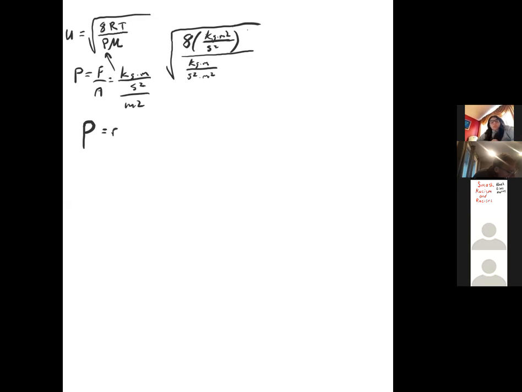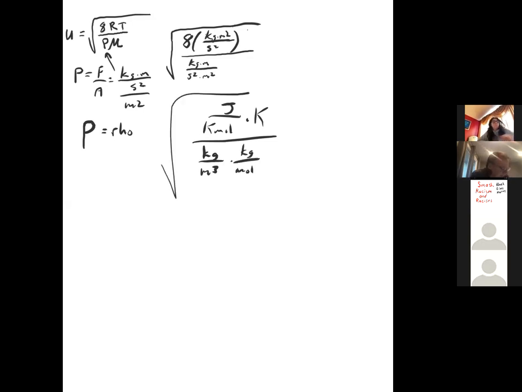This is called rho. It's like an R. Okay. Oh, okay. So really what you have is joules per kmol times Kelvin over, I guess this is probably kilograms per meter cubed times kilograms per mole. And then you've got the square root of that, right?